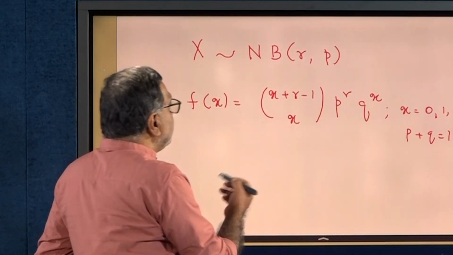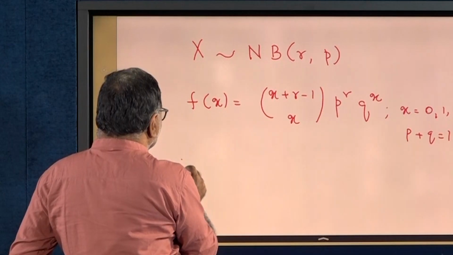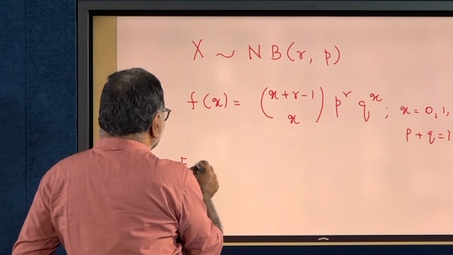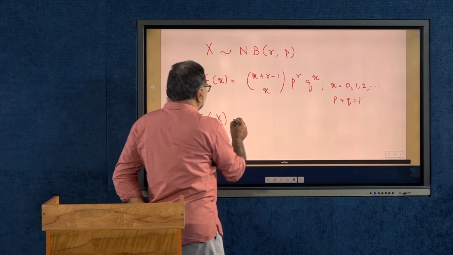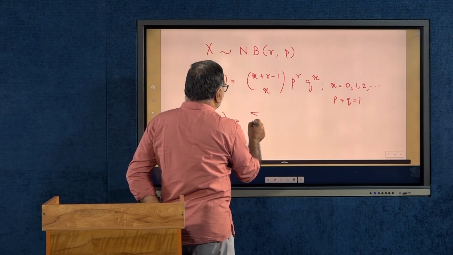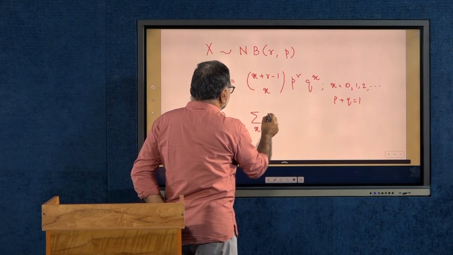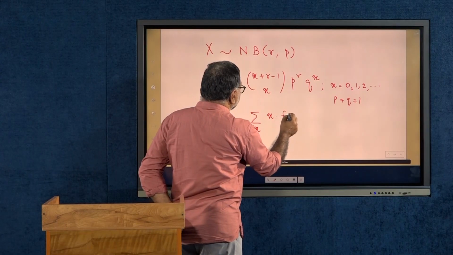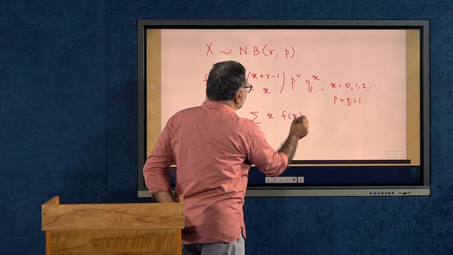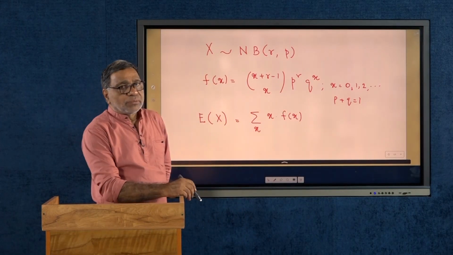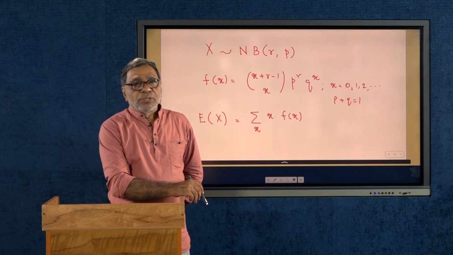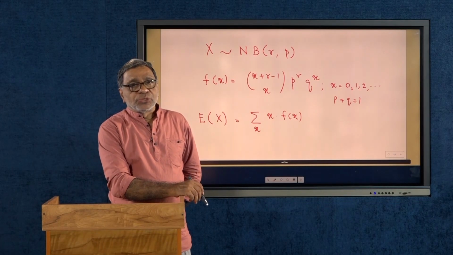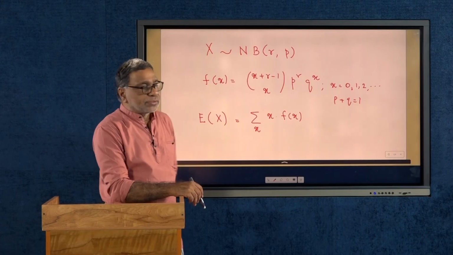Now, what is the mean of the distribution? So, mean is given by expectation of x, and that is equal to sigma over x, x into f of x. For a discrete random variable, we know the mean is equal to expectation of x is equal to sum over x values x into f of x.